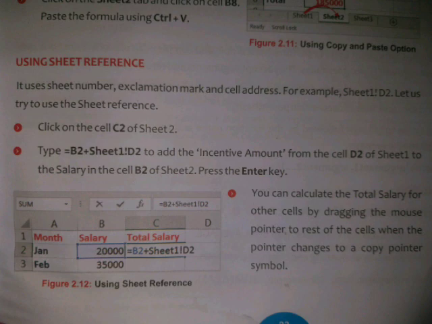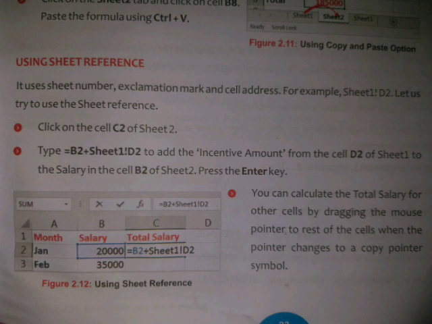What does it mean? It refers to the value of D2 in sheet 1. From sheet 1, it refers the value of D2 to the cell C2 of sheet 2. That is the use of sheet reference.